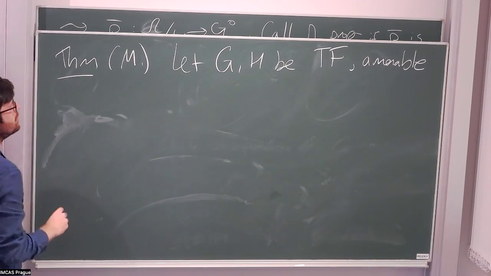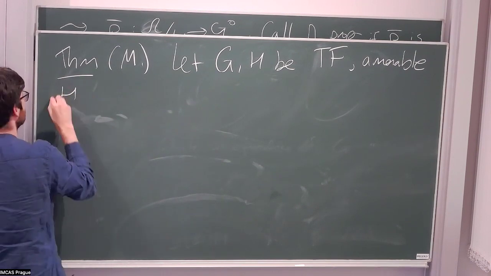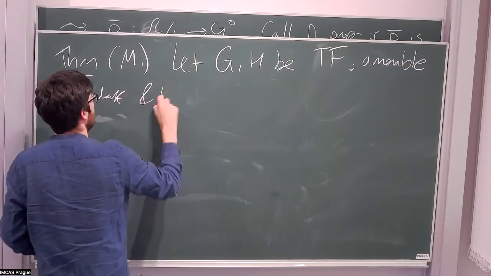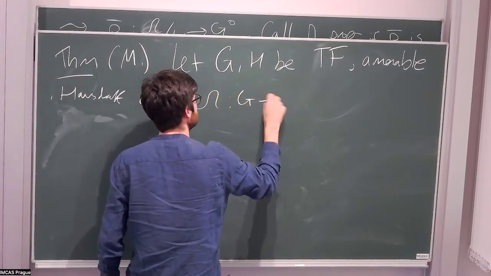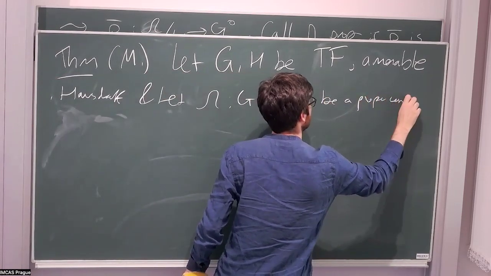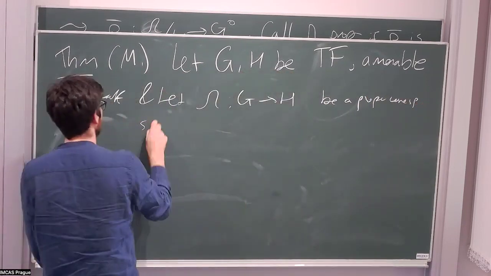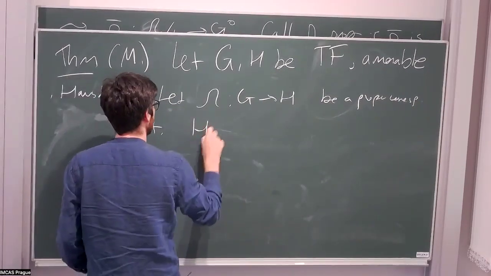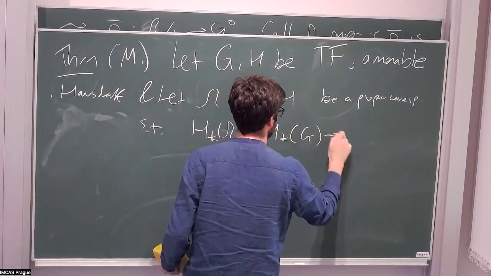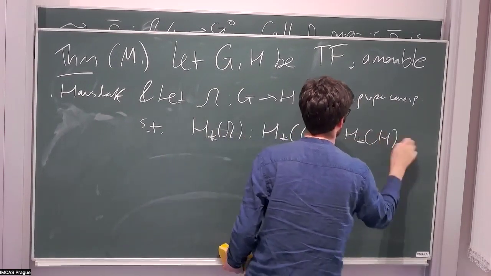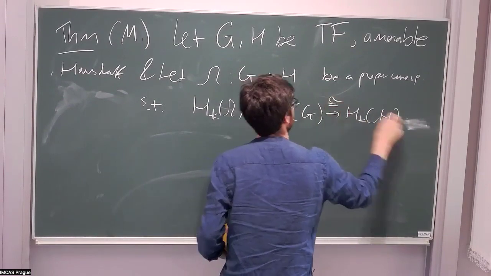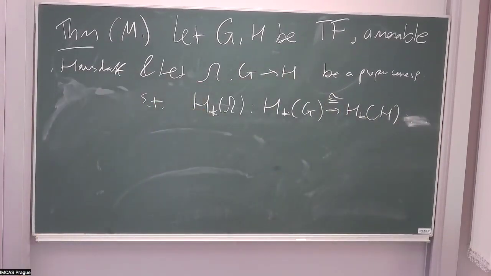So torsion free isotropy, amenable, Hausdorff, and let omega from G to H be a proper correspondence such that it induces an isomorphism in homology.